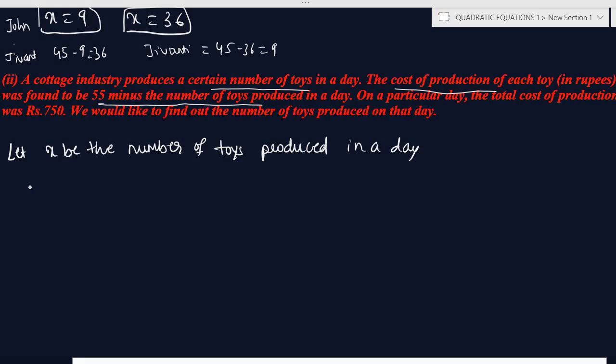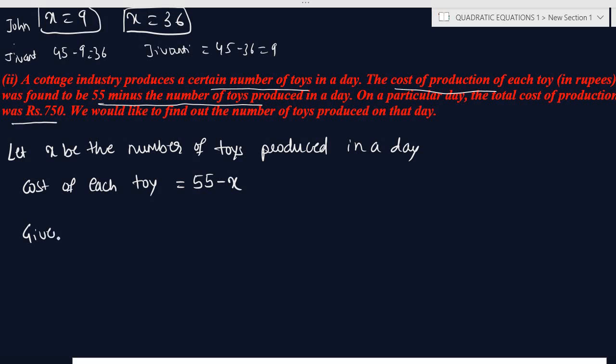So therefore, what is given here? Cost of each toy is equal to 55 minus x. And if we multiply the number of toys with the cost, the total cost is given as rupees 750.